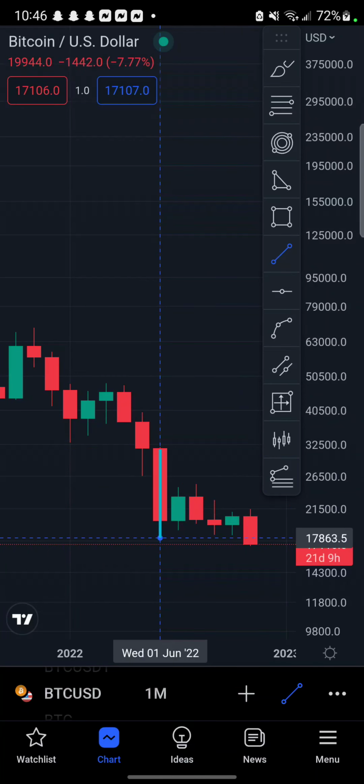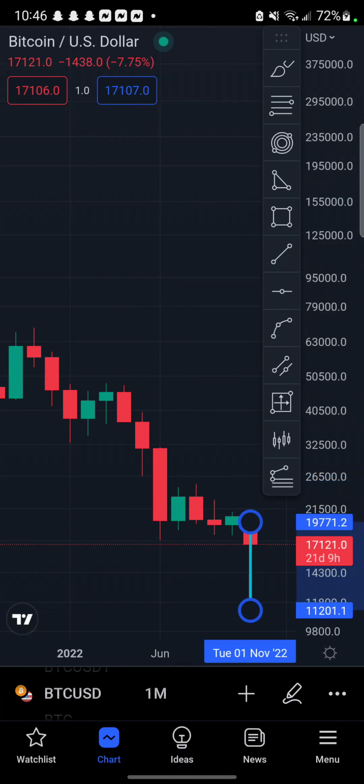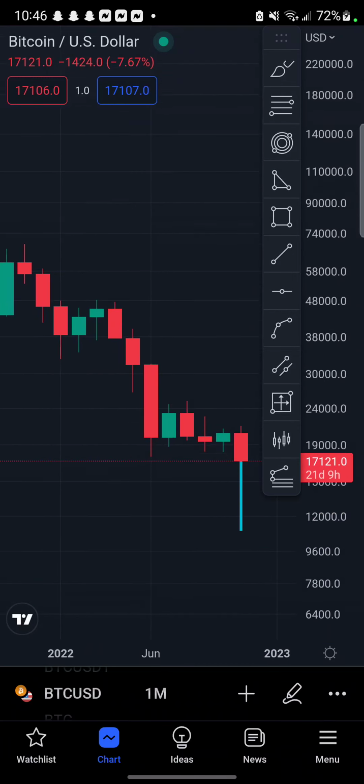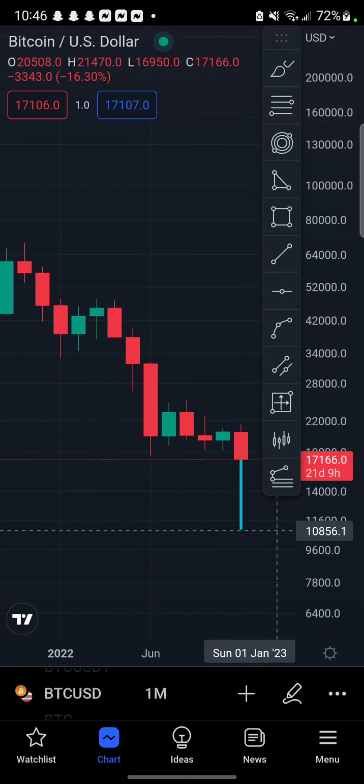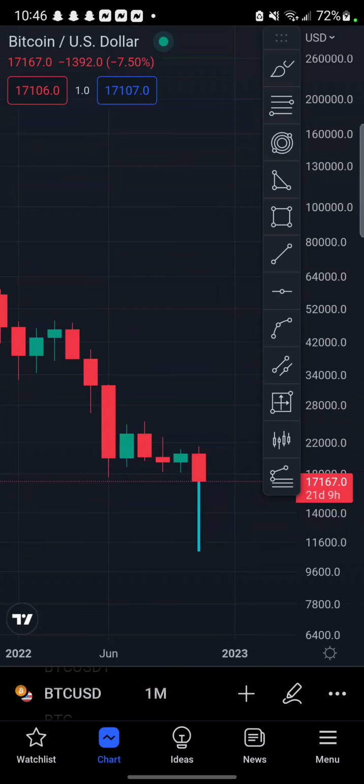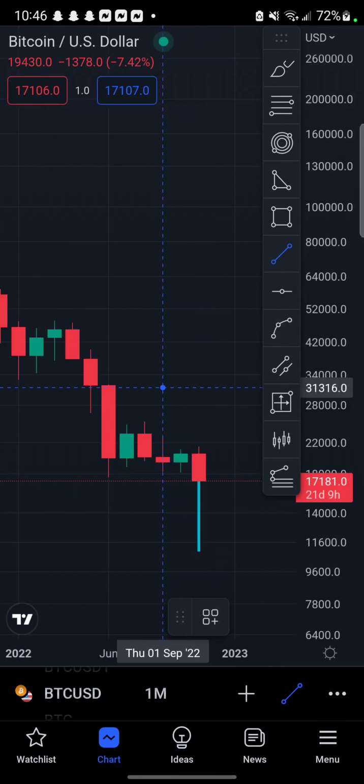For example, they're calling for a drop to around $10,000, and that's based off of this pattern right here.